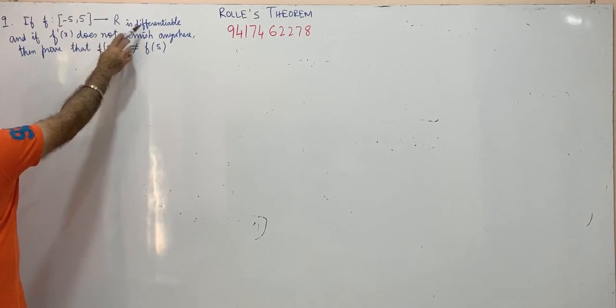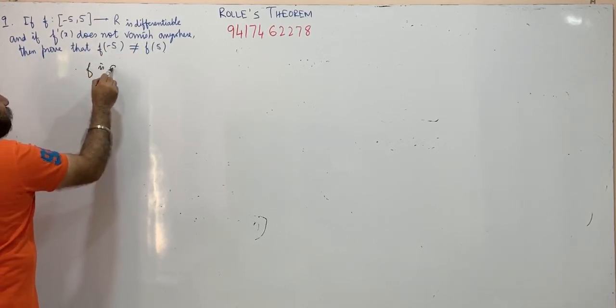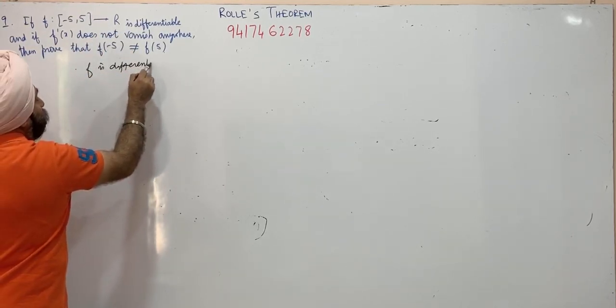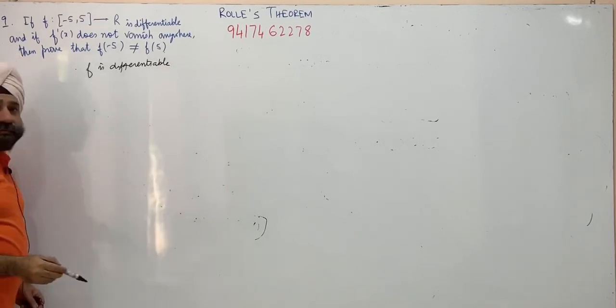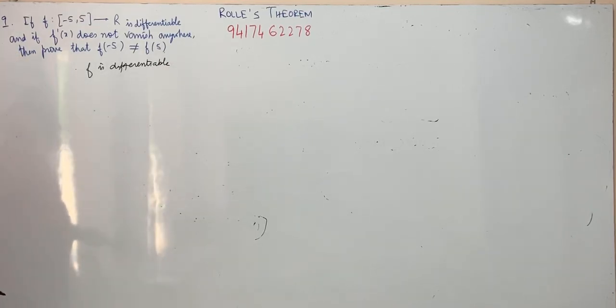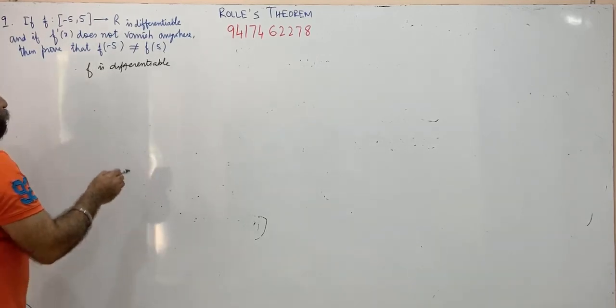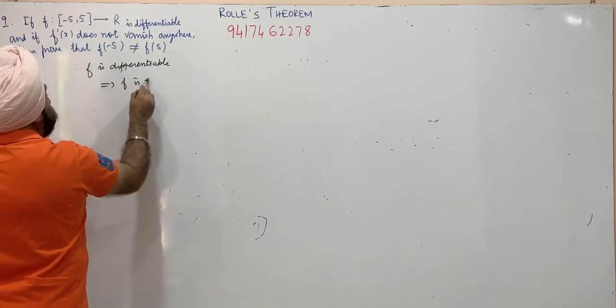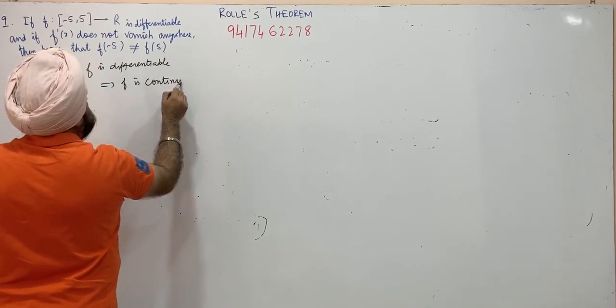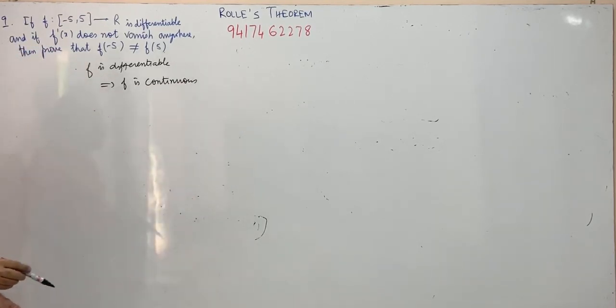F is differentiable. So from properties of differentiable functions, we know that if a function is differentiable, it's necessarily continuous. So f is differentiable means f is continuous also.